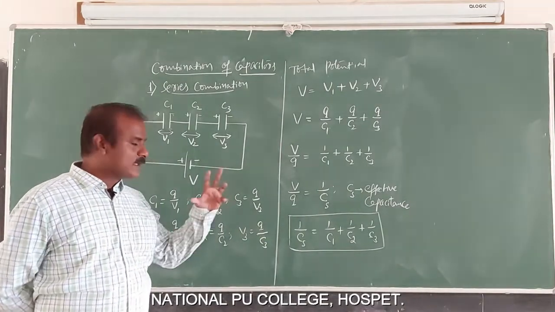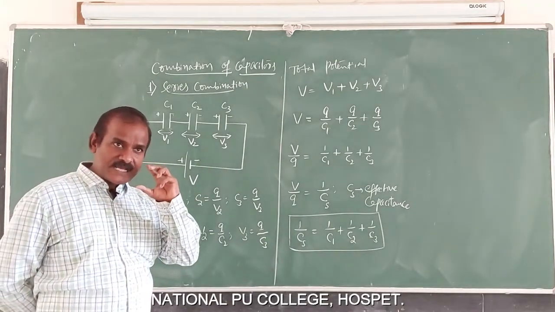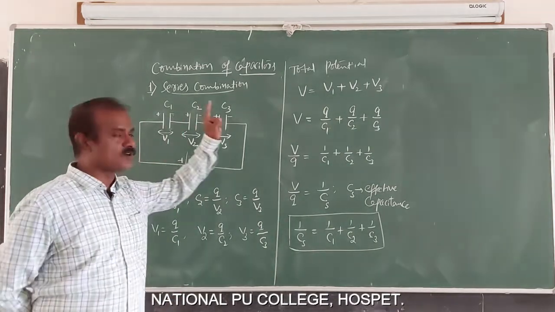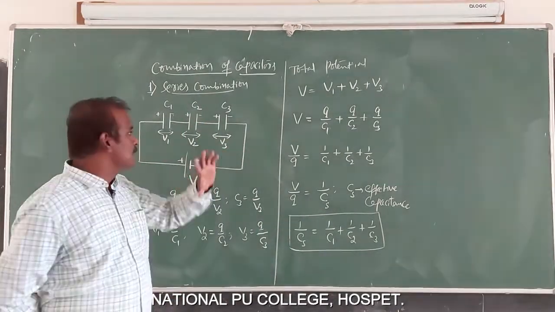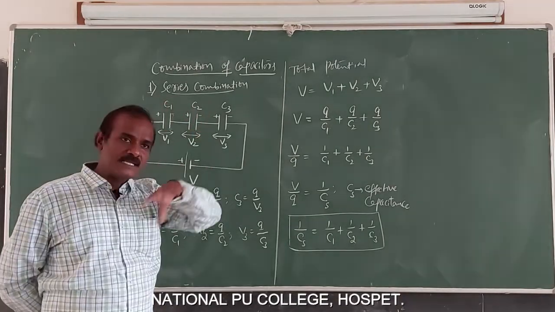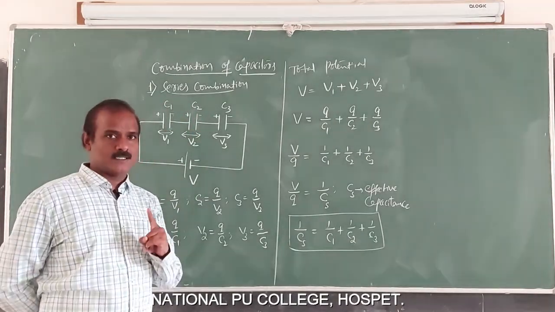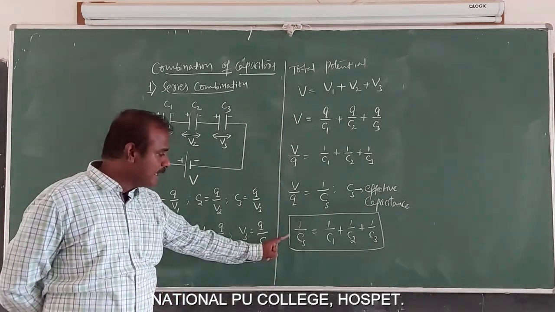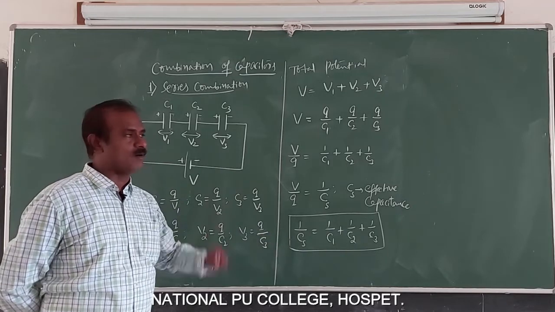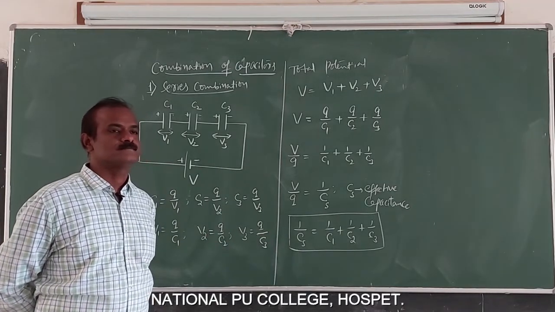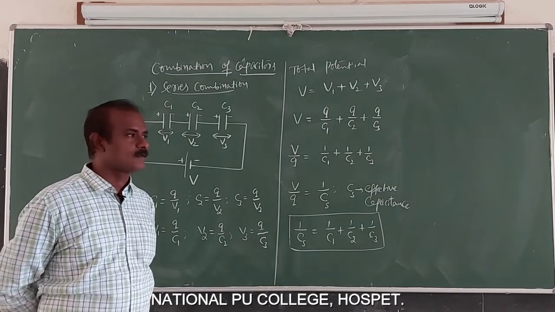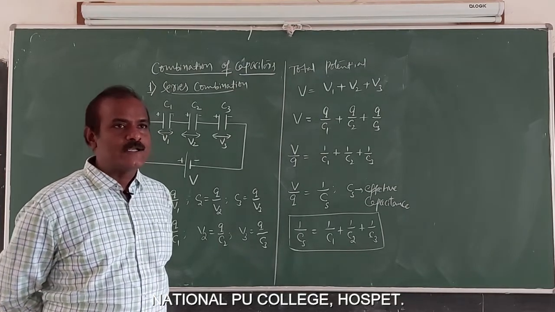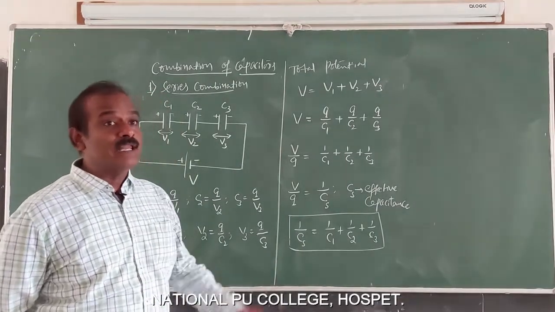So what is effective capacitance? It is that single capacitor which can perform the same function as the combination. Instead of connecting 3, you replace all 3 by only 1. Its value is to be calculated using this formula. Effective capacitance is also called equivalent capacitance.